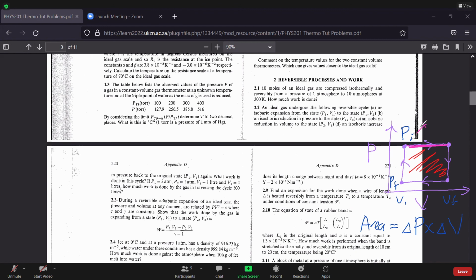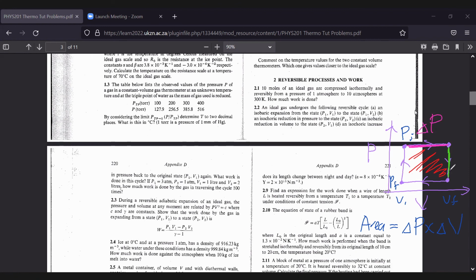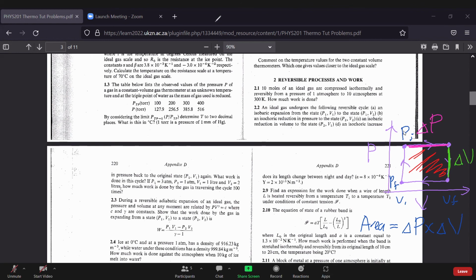That's our delta P. And let's put this in green. That's our delta V. So it's only for this sort of picture where you can use that formula.